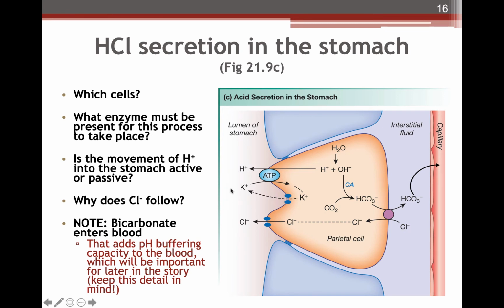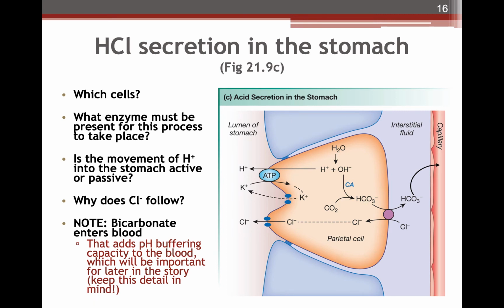Great question. It all starts off with the same chemical reaction over here that we learned about in Unit 5. The conversion of water and carbon dioxide into hydrogen ions and bicarbonate ions. It's just written in a screwy way. And I don't know why the textbook does this.